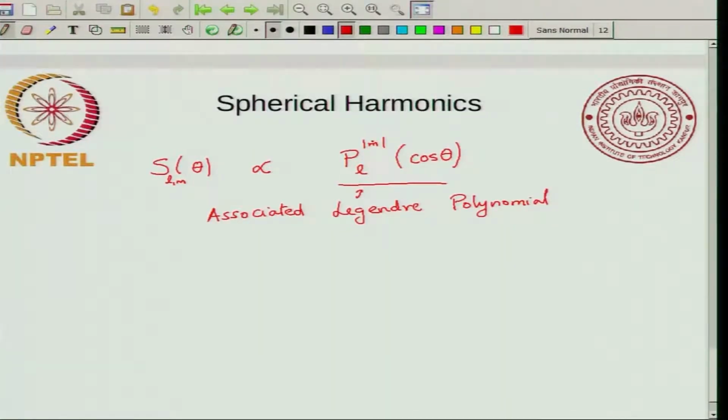So what is the expression? I'll just write the expression. If I write P L m of w, there are some constants at the beginning, just like in the Legendre polynomial.